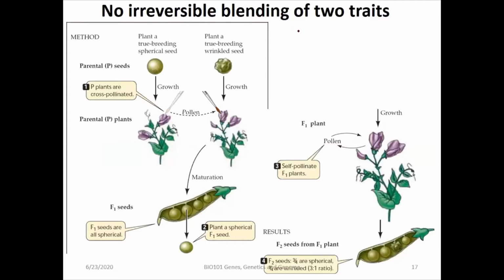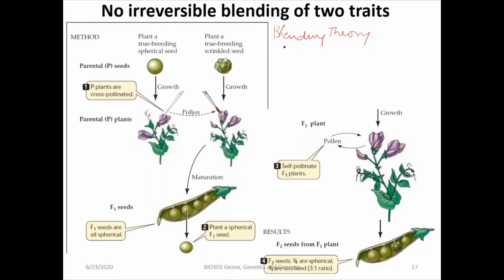Because before Mendel, there was an idea called the blending theory of inheritance, which means you cross round with wrinkled and F1 will show you semi-round, semi-wrinkled. But in the case of Mendel, he did not find any blending. It was completely dominant.